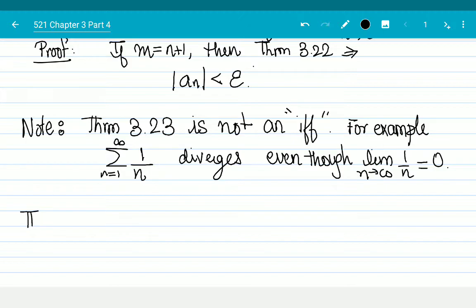The theorem about bounded monotonic sequences, in that case, gives us the following result for series.